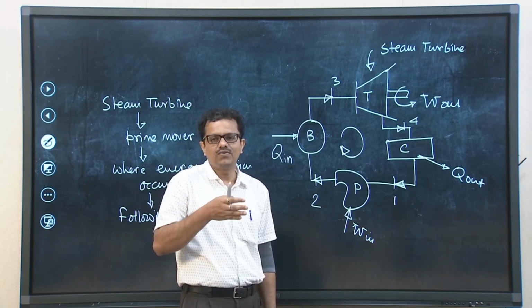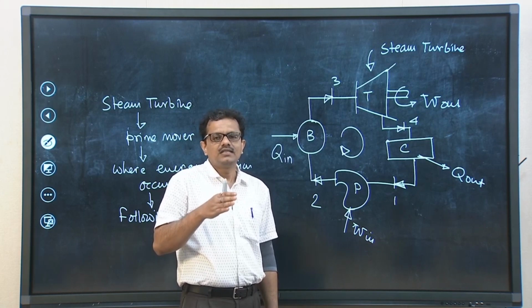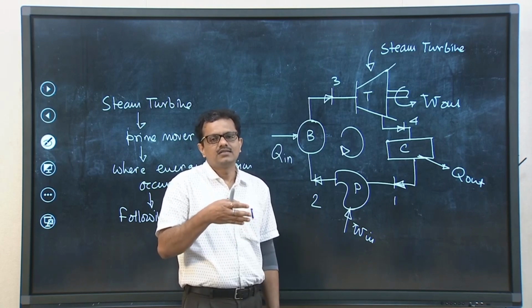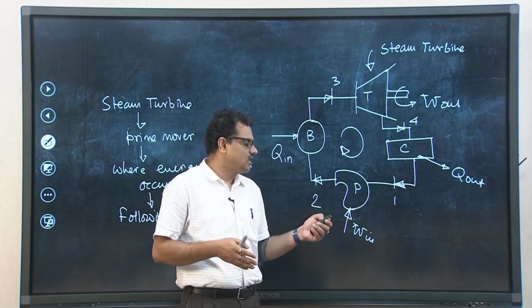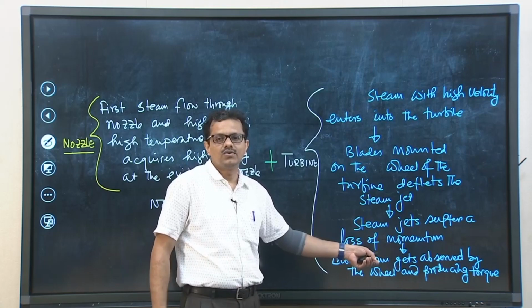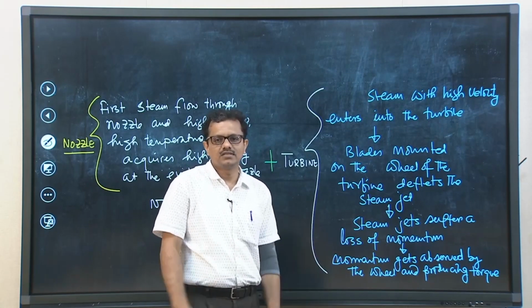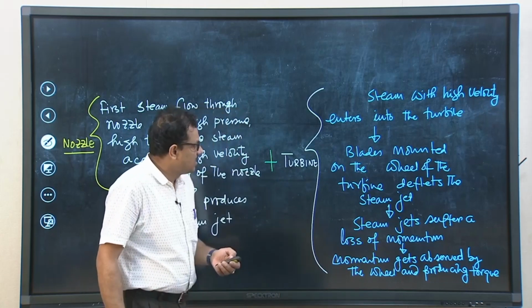Steam will first be allowed to flow through the nozzles, that part we have discussed, and then the steam will flow through the passage between the blades, and while steam is flowing we have understood how it is possible to get torque or shaft work, and that is how this device works.